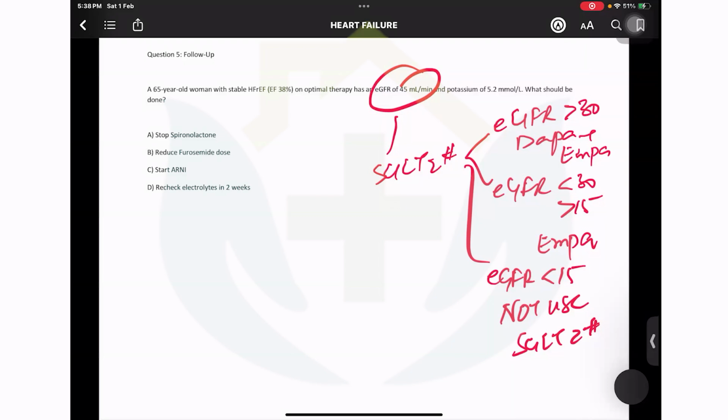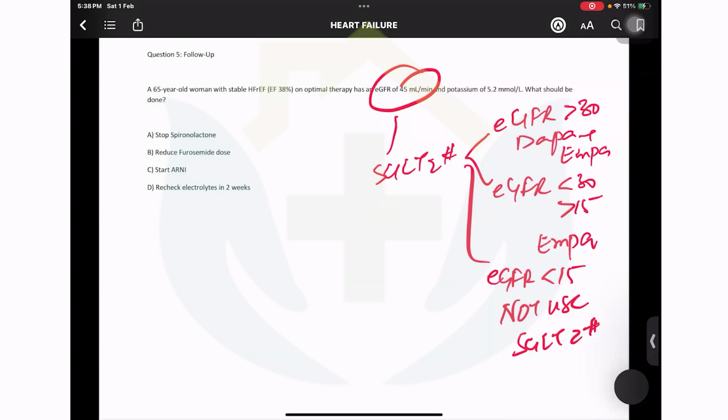What will you do? eGFR of 45 means CKD stage 3B. Okay, stage 3B. So the thing is that stage 3B people, the target potassium is below 6.